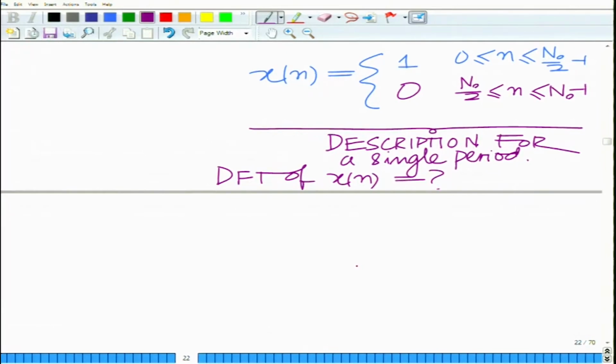coefficients of x[n]? Now, we know that N naught is the period.